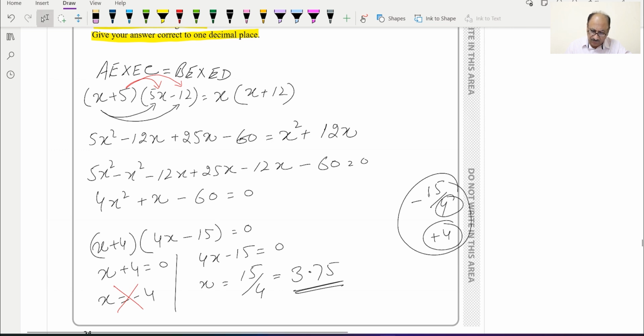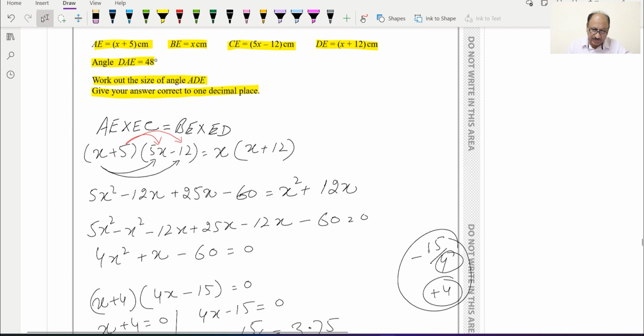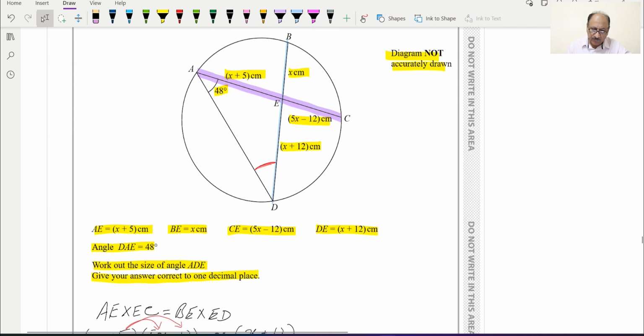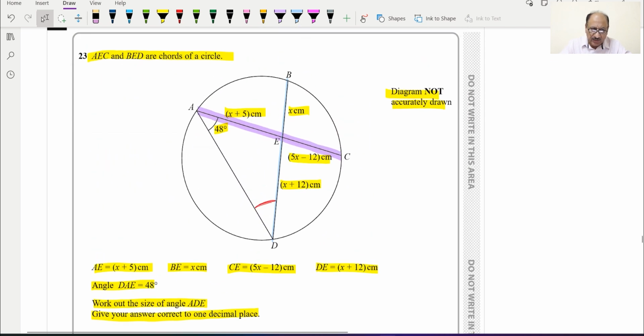Now we have 3.75 as x, so we can identify these lengths. Our target is to find this angle, so we will use triangle AED.